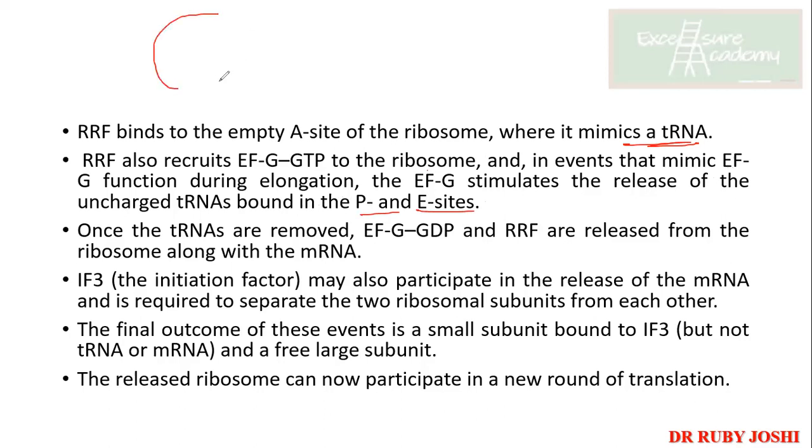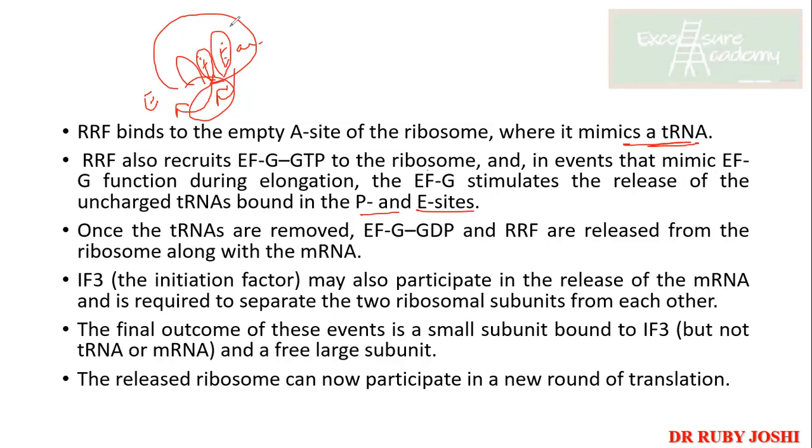If you remember, when we studied elongation, the aminoacylated tRNA is present here and the peptidyl tRNA is present. Now we need to shift this polypeptide chain from the P site to the A site, correct? Now the tRNA in the A site should go to the P site, and the one in P should go to E.